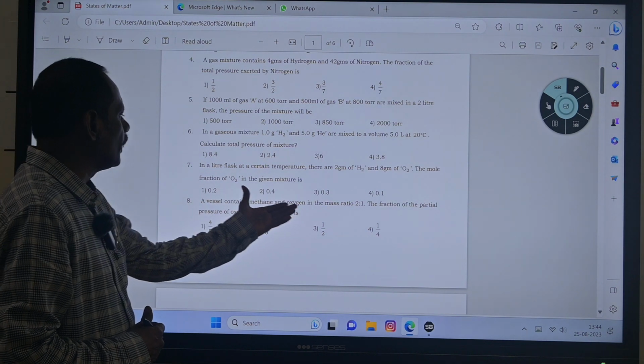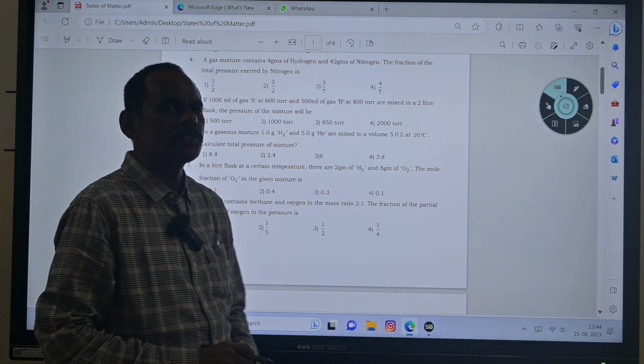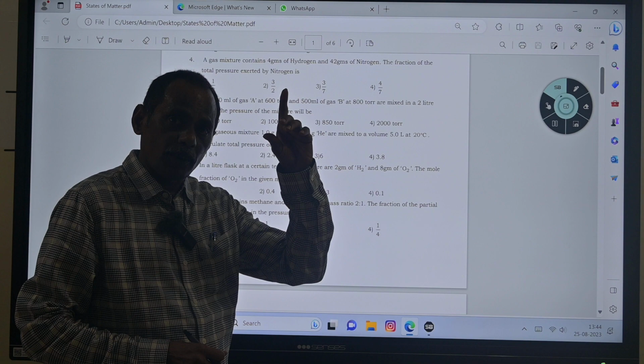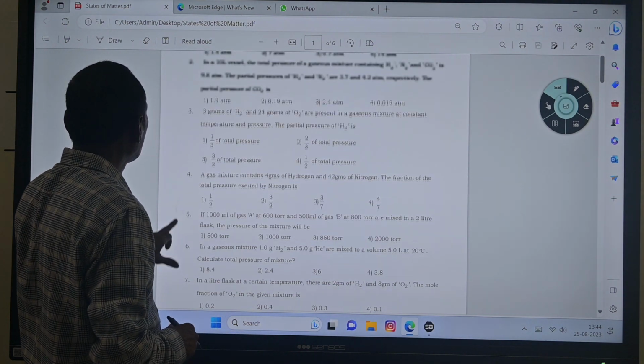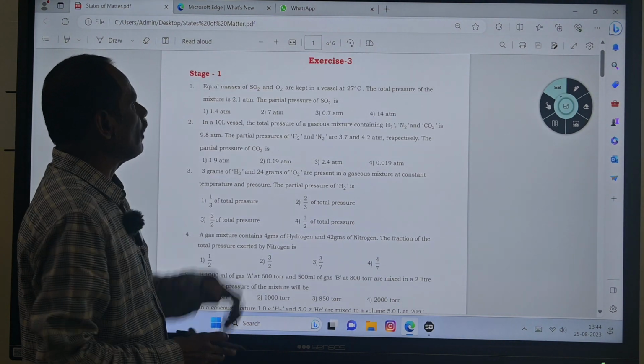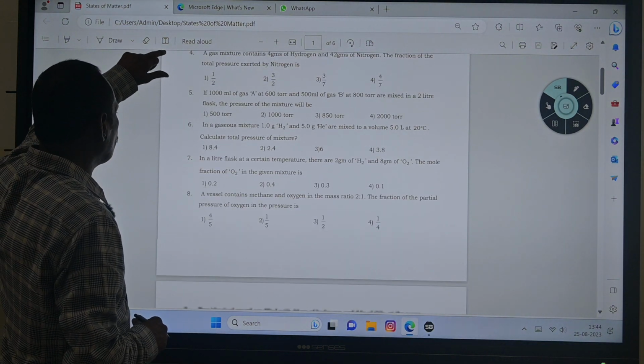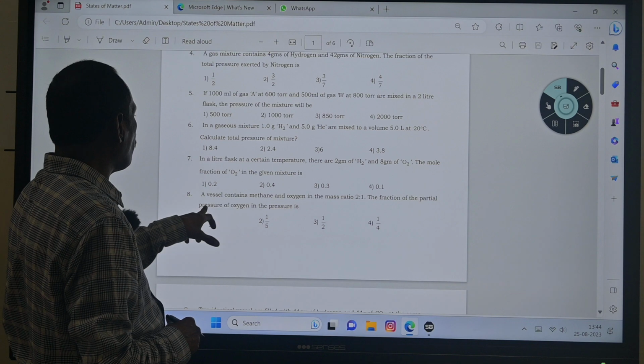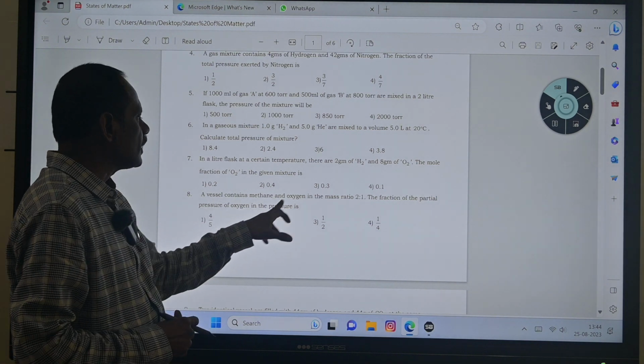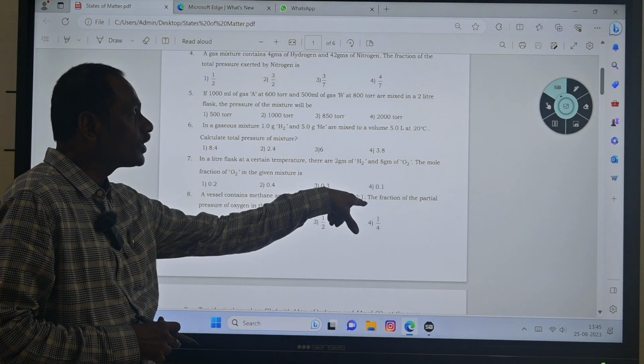Then coming to the next one. A vessel contains methane and oxygen in the mass ratio of 2:1. In our first problem, equal masses of SO2 and O2 are taken. But in the 8th problem, a vessel contains methane and oxygen in the mass ratio of 2:1.